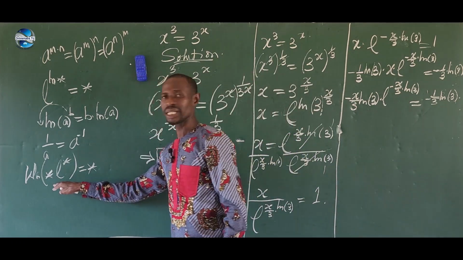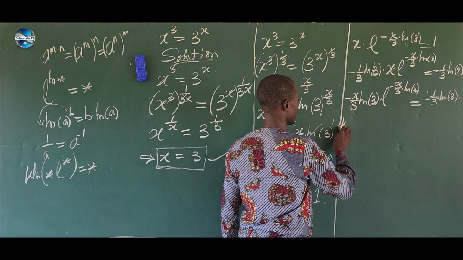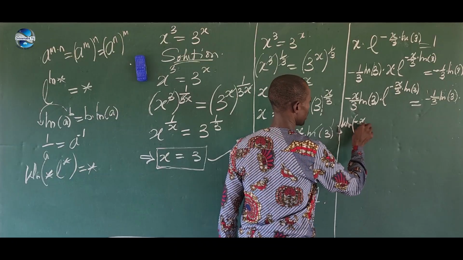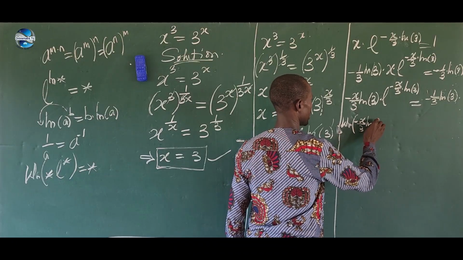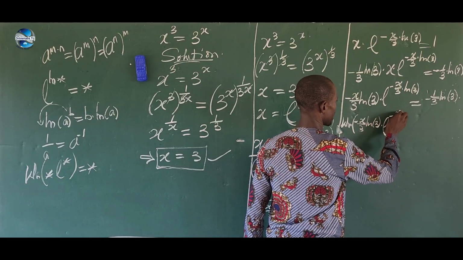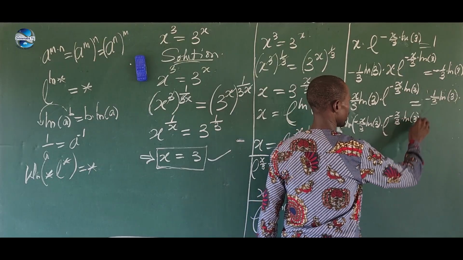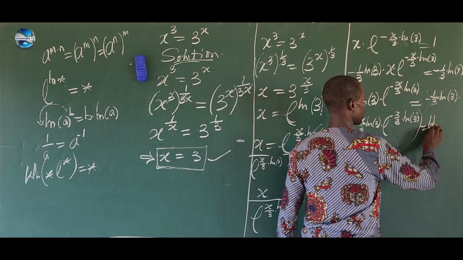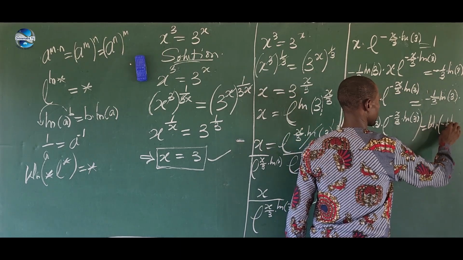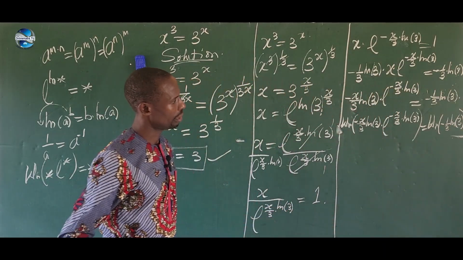And so we can bring in the Lambert W function. From here, we now have the W function of whatever we have here, minus x all over 3 times the ln of 3, times e raised to minus x all over 3 times the ln of 3, is equal to, we do the same thing, the W function of minus 1 all over 3 times the ln of 3.